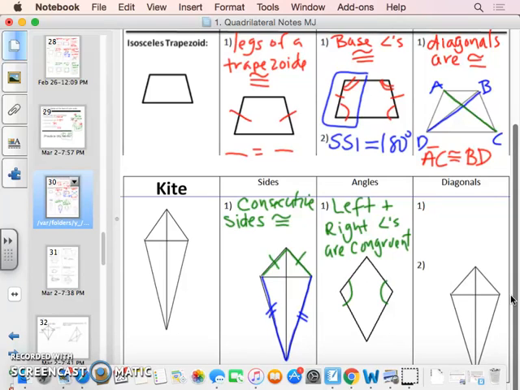And then lastly, the diagonals, they actually bisect an angle. So they're going to bisect this angle here and down here as well. So they bisect. And they're perpendicular.